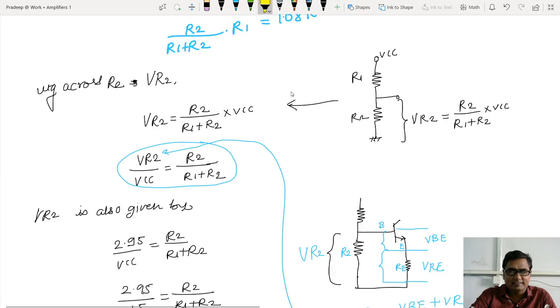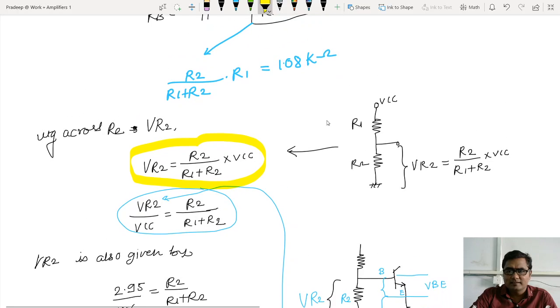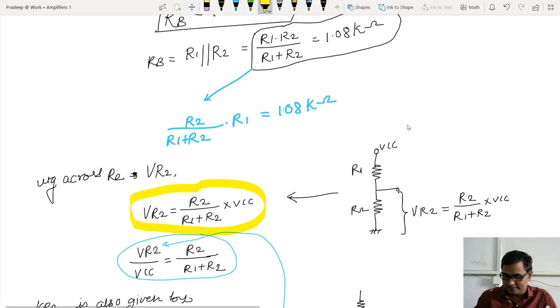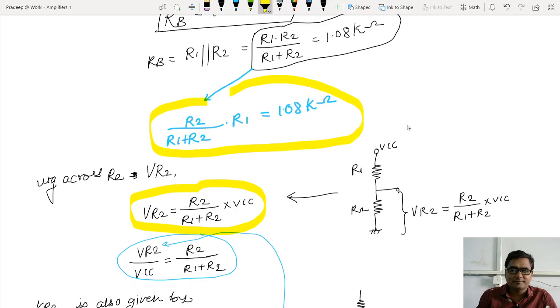Let me highlight it. Yes, I can use this ratio here. Now look at this: R2 divided by R1 plus R2, multiplied by R1, is equal to 1.08. See, things are simple now if I use this equation.